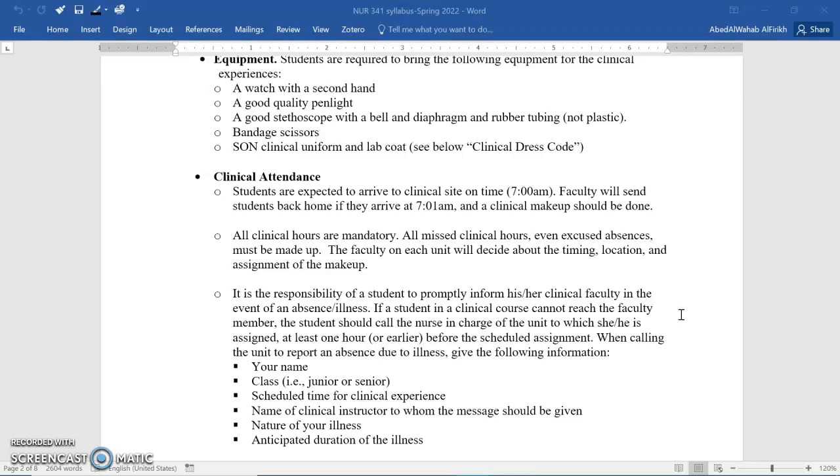The only excuse to skip a clinical day is medical reasons. In case of sickness, this would be evidenced by a medical report that you will get from your attending physician, to be evaluated by the faculty so that your absence is excused.